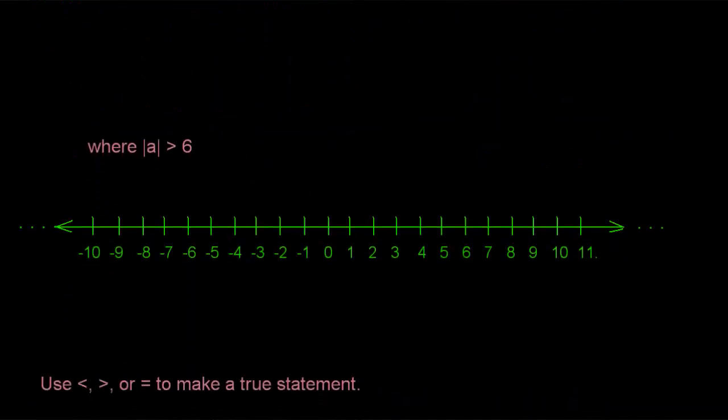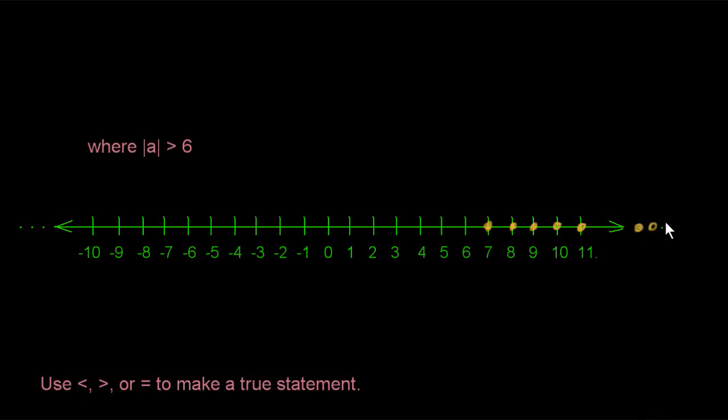The next problem is we want to plot the integers where the absolute value of a is greater than 6. Well, we don't want to include what we've included before. We want distances away from 0 that are greater than 6. So 7 and 8 and 9 and 10 and 11.